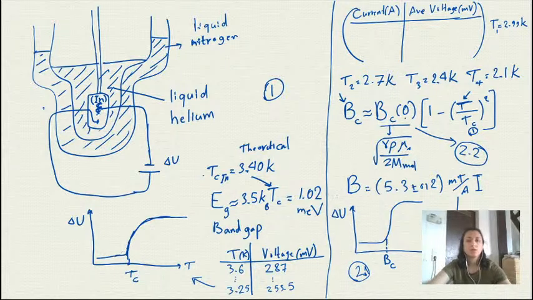There was a theoretical task that I guess we did some part of: an estimation for the value of the binding energy and the relative distance between two electrons forming a Cooper pair in superconductivity, and how many other Cooper pairs can approximately be found between the two electrons forming a Cooper pair.